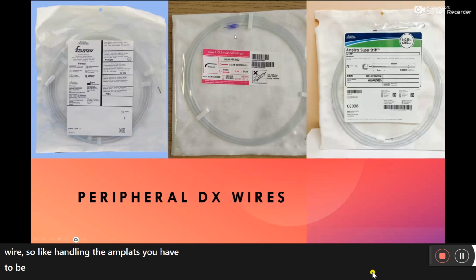Also, when it comes out of the body and it's covered in blood, be sure to wipe it down really, really good, because you don't want dry blood on a hydrophilic wire. Bad business. Also, right here, you see, do not use with any metal entry needles.